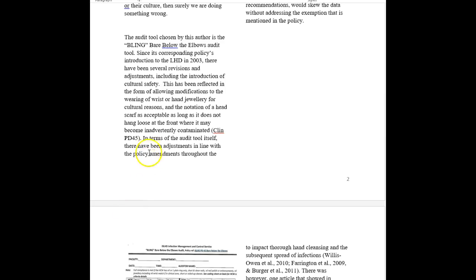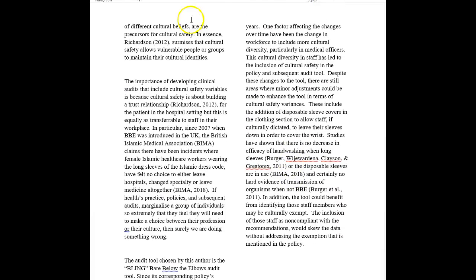Here we've got the student commenting on the policy amendments throughout time based on changing culture. So you can see as we go through, the student really has a good understanding of what they're talking about.